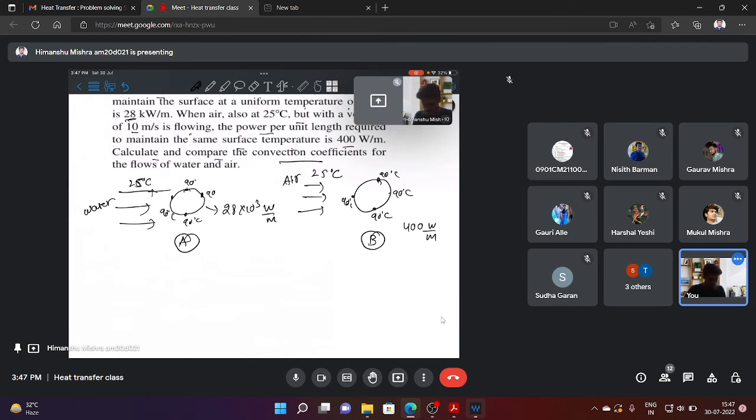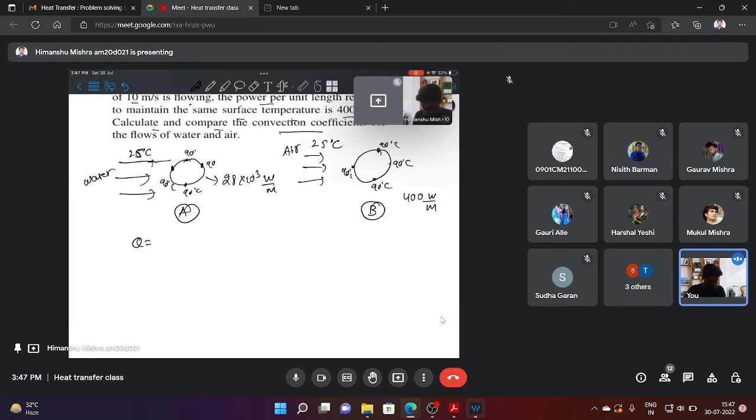Heat will be transferred from the solid body to the fluid, and this can be written via Newton's law, h A (T surface minus T fluid), where Tf is my temperature of fluid and Ts is the surface temperature. So we need to find the heat transfer coefficient, h.